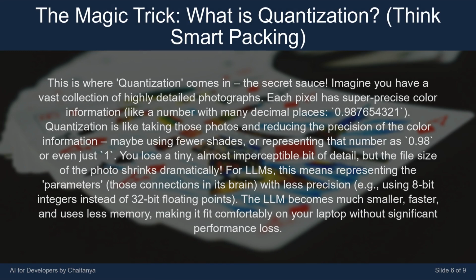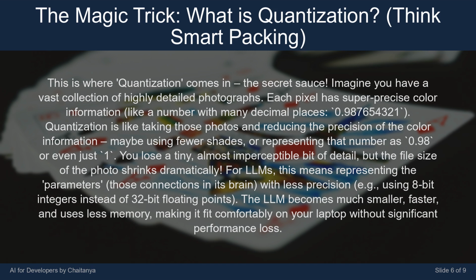This is where quantization comes in, the secret sauce. Imagine you have a vast collection of highly detailed photographs. Each pixel has super precise color information, like a number with many decimal places, 0.987654321.